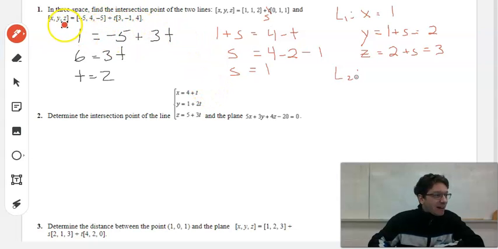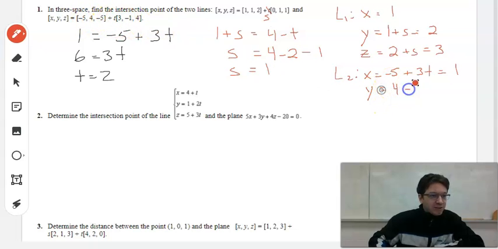So our x is going to be minus 5 plus 3t. Since t is 2, that's minus 5 plus 6, which is 1. Okay, so far so good. Our y coordinate is 4 minus t.